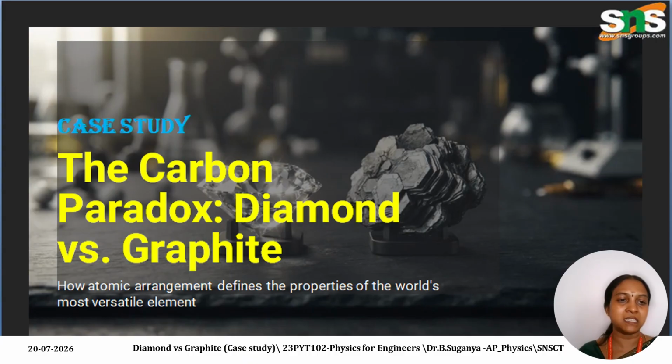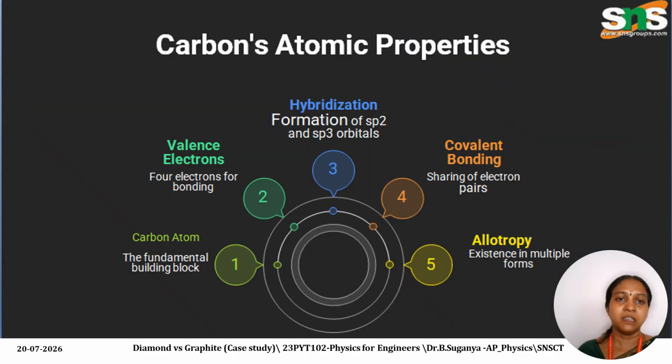Carbon has several allotropes, but diamond and graphite are the best known. The interesting point is that the chemical element is the same, but the atomic arrangement changes the properties completely. Diamond has a giant covalent structure.